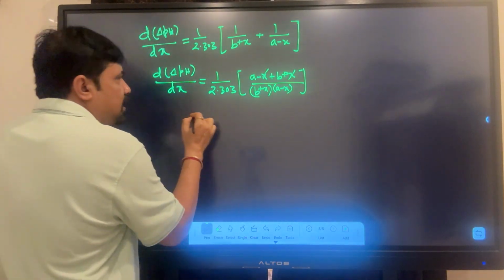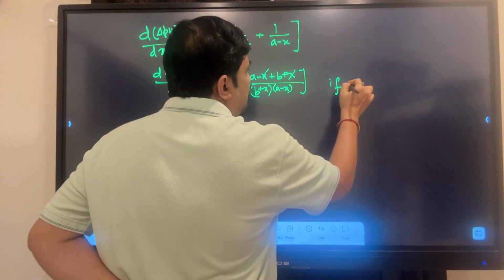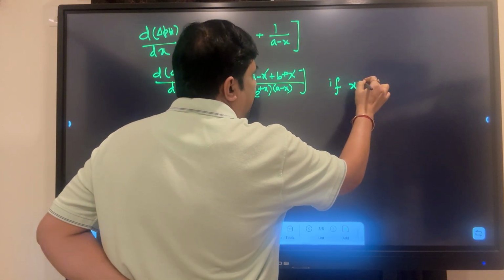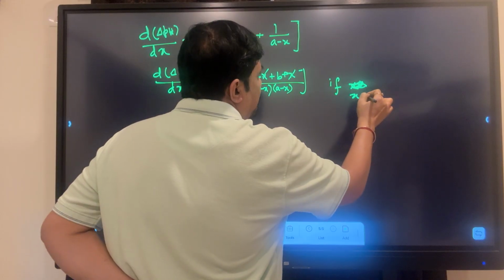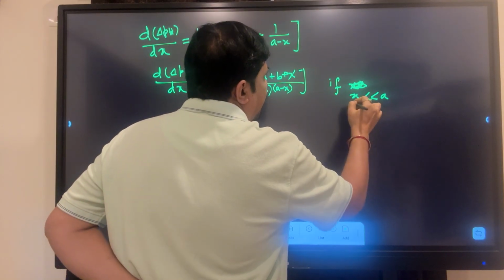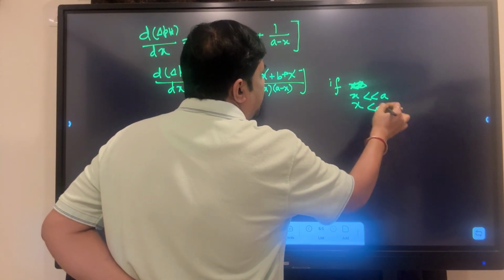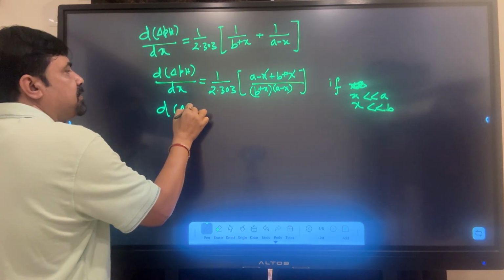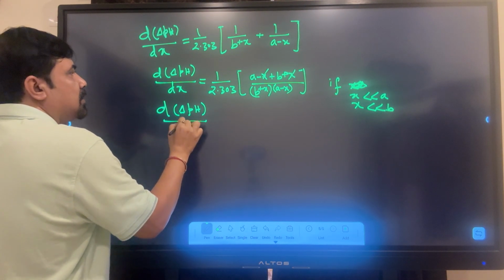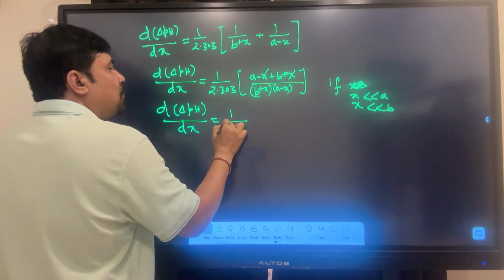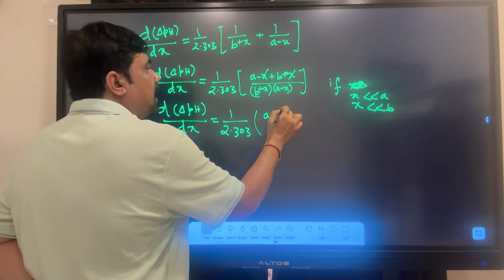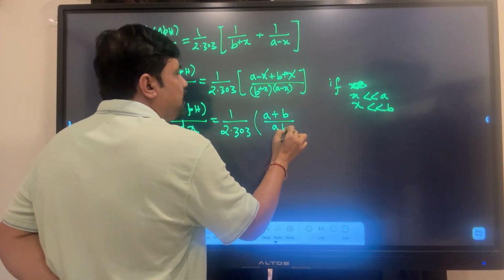Now here I am telling, because the amount of x will be very very small, so x will be very very smaller than a, x will be very very smaller than b. Then what I can write down? I can write down delta of delta pH by dx will be equals to 1 by 2.303, which will be equals to (a plus b) by (a into b).